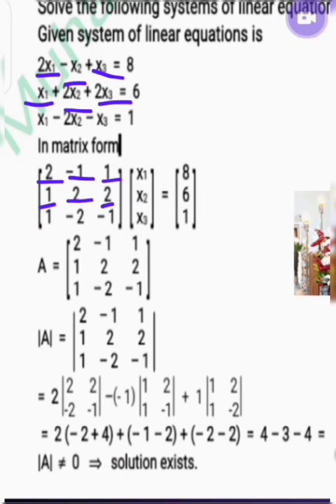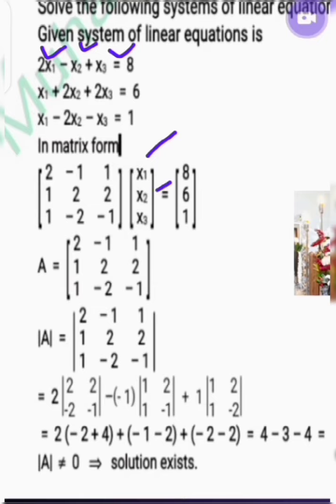For the third equation, the coefficient of x1 is 1, x2 is minus 2 and x3 is minus 1. We will write the coefficients in the first matrix, then the variables that are included in all three equations, x1, x2 and x3, we will write in a column.